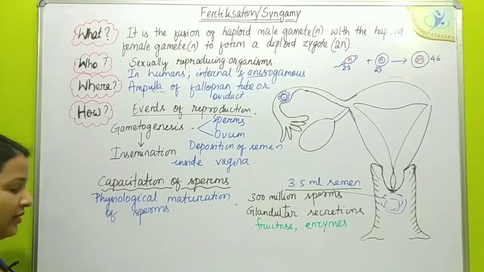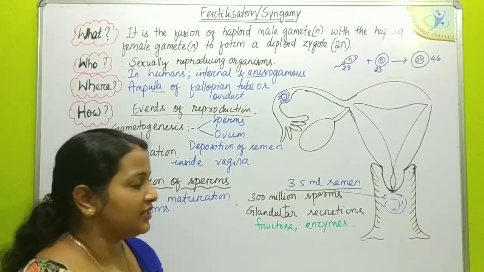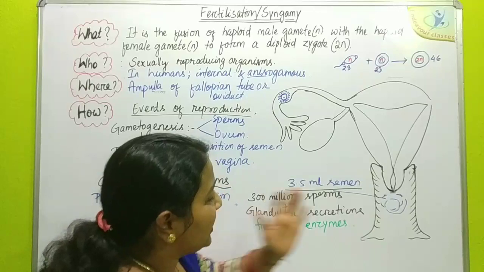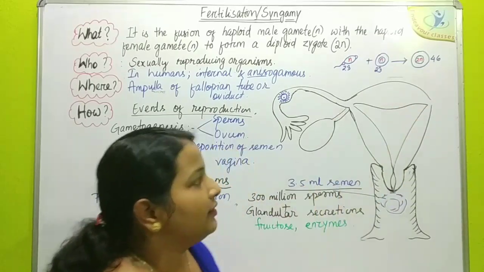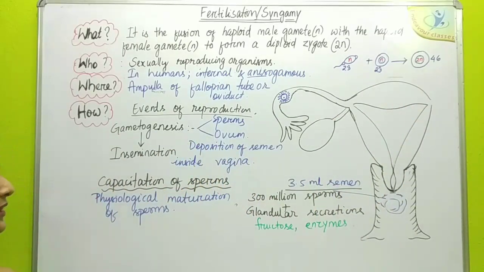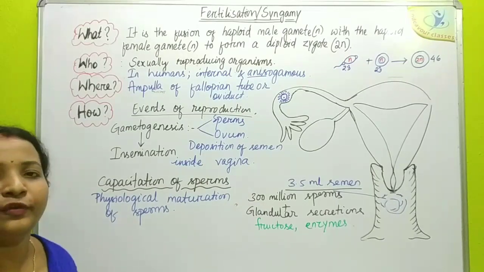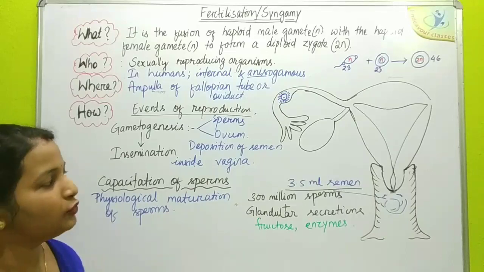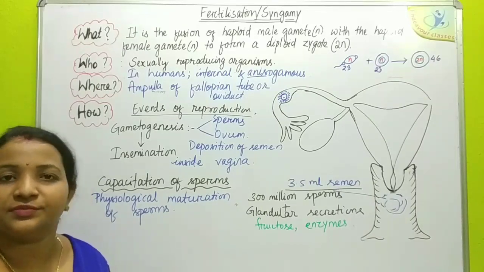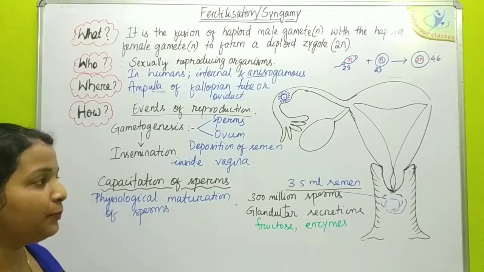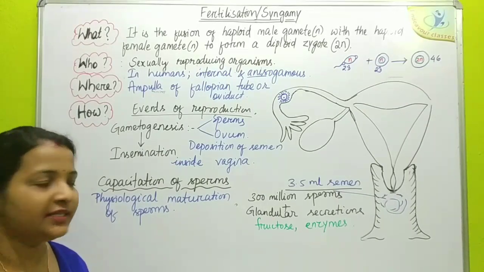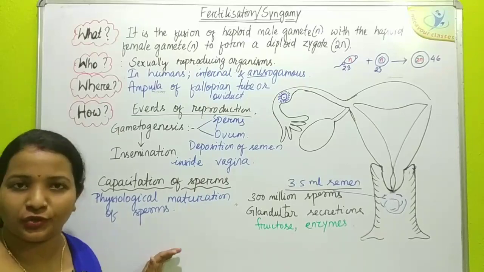That means the sperms which are deposited in the seminal fluid and enter the uterine cavity have no ability to fertilize the oocyte. They gain their ability to fertilize the oocyte inside the female reproductive tract only. That process of gaining the ability to fertilize the oocyte is called capacitation.